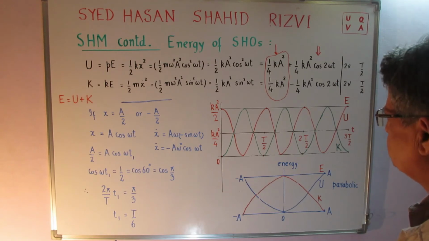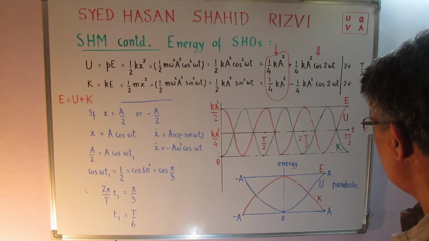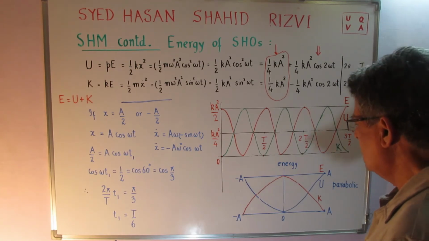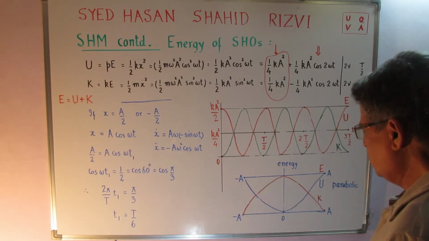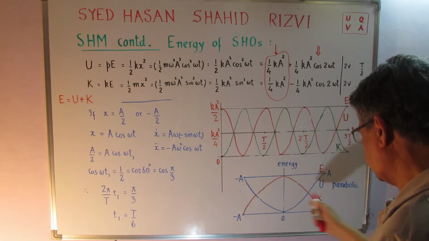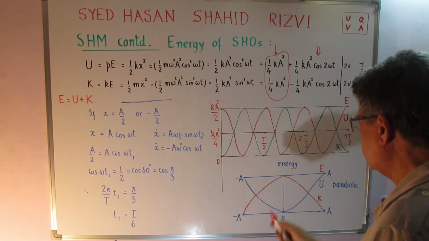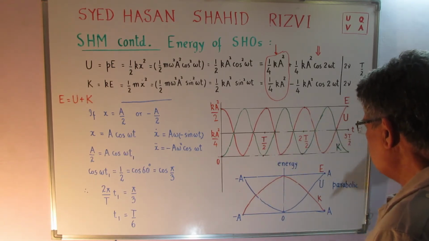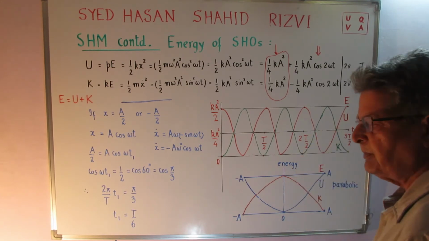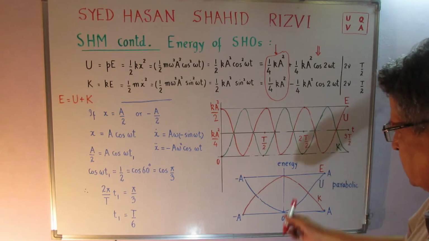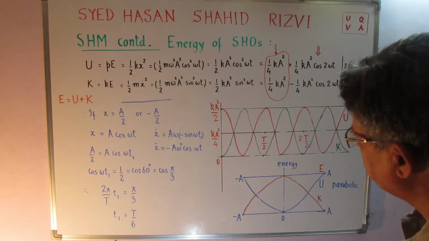Another plot, another graph, where I show that between the limits, when the oscillation is taking place like this, the kinetic energy becomes maximum when the displacement is equal to 0. It's because the velocity is maximum at that time.